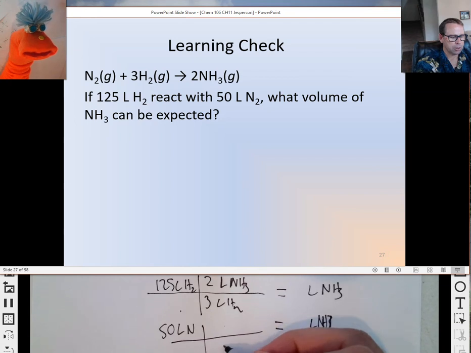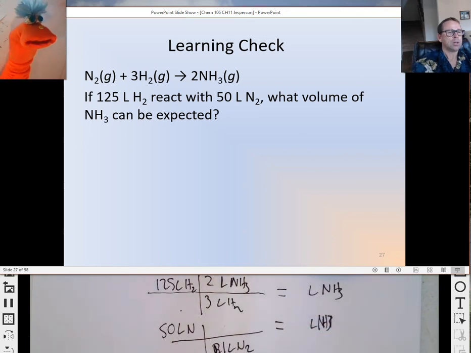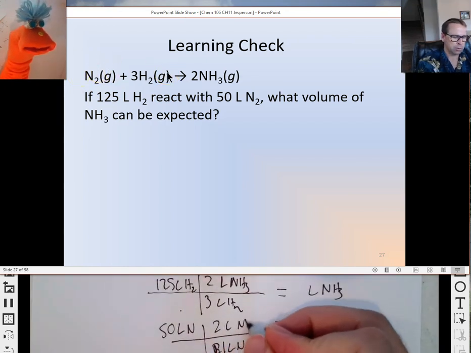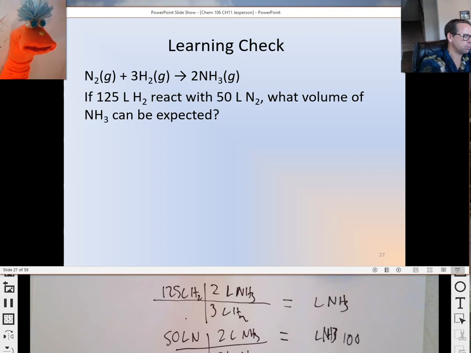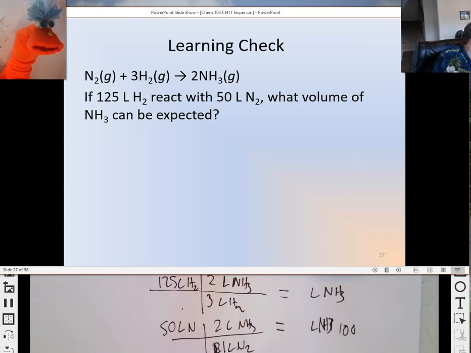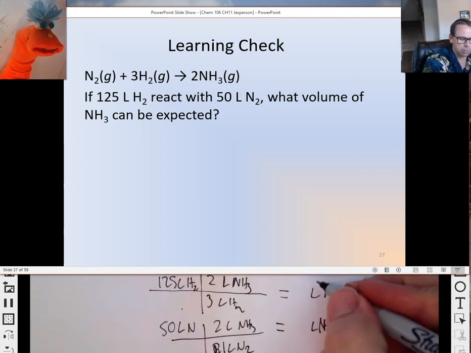For every 1 liter of nitrogen, where'd you get that one? The stoichiometry here. Oh, yeah. 1 liter of nitrogen for 2 liters of ammonia. That's right, 2 liters of ammonia. So 50 times 2, that's going to be 100. 125 times 2 divided by 3, what's that going to be? That's only 83.